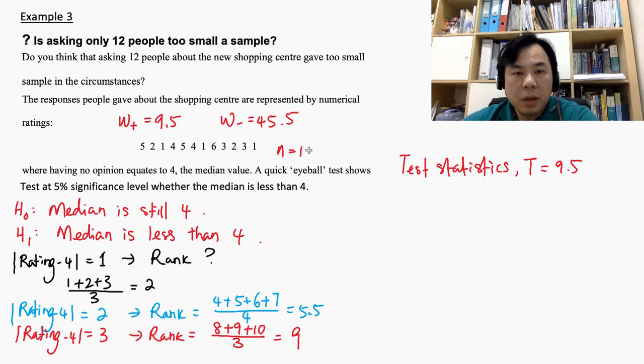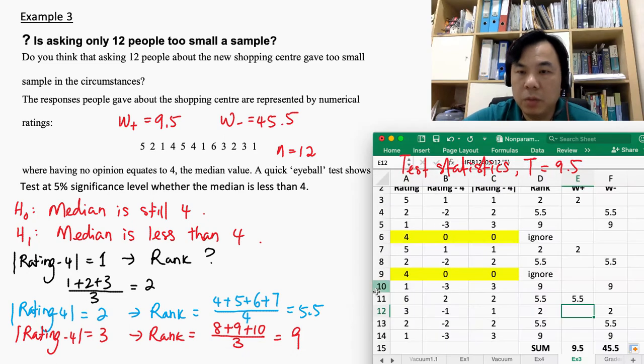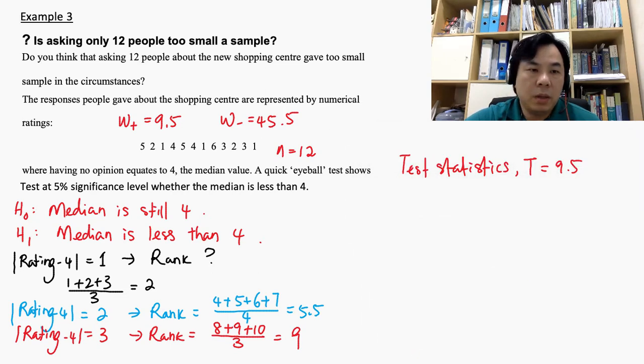We have 12 here. But I forgot to mention, this is very important, I almost forgot that. For the absolute deviation of 0, we ignore that. So we don't actually include this. Therefore, the sample size is supposed to be 10 instead of 12.